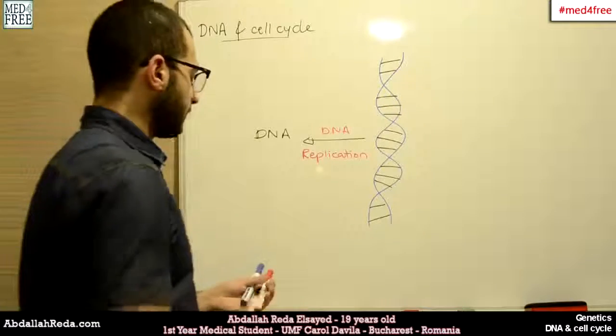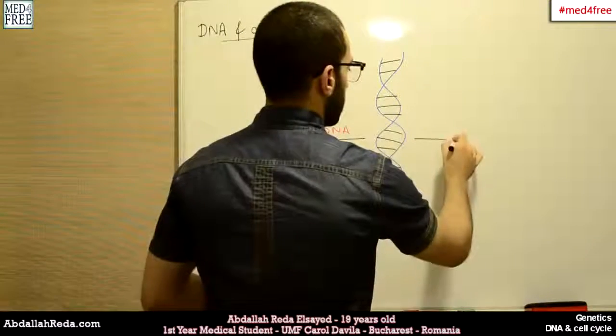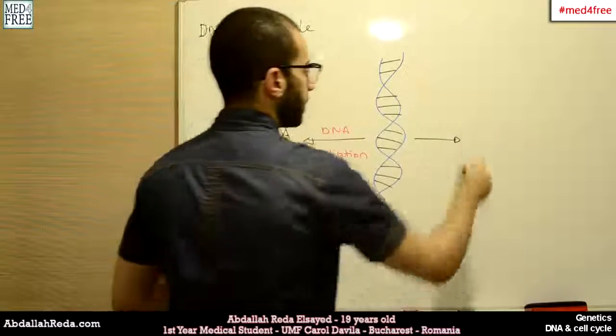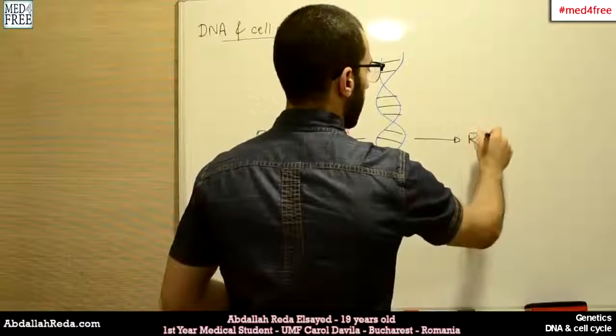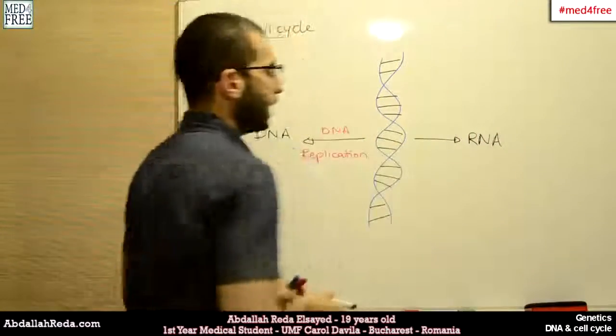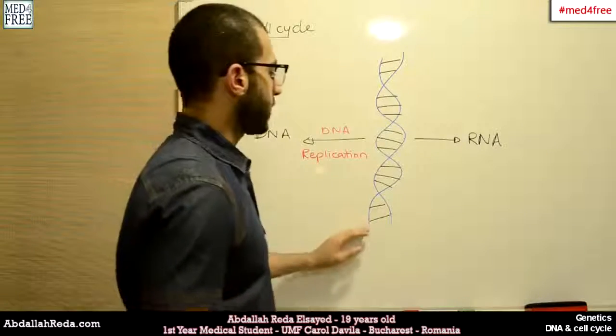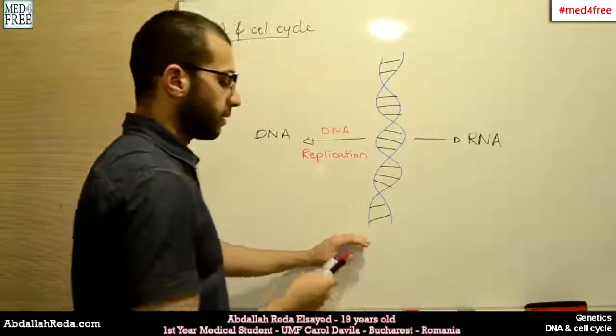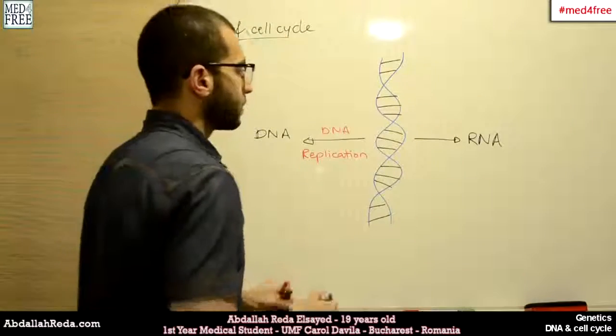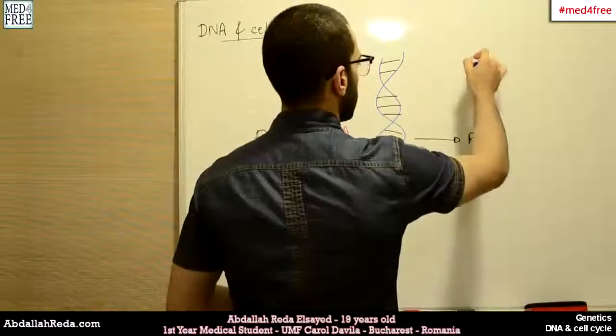The second route gives us something different, which is called RNA. RNA is a little bit similar to the DNA, but instead of being a double-stranded structure, it's a single-stranded structure. So it's something like that.